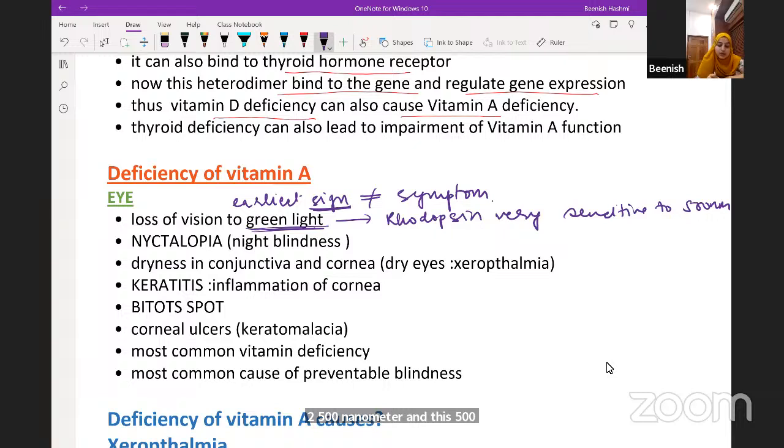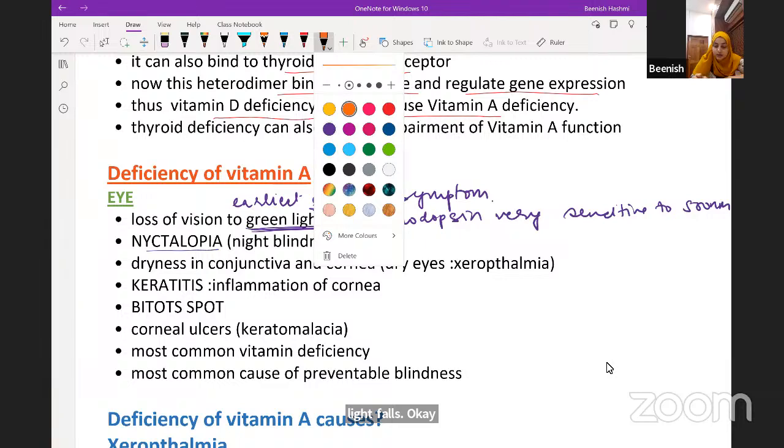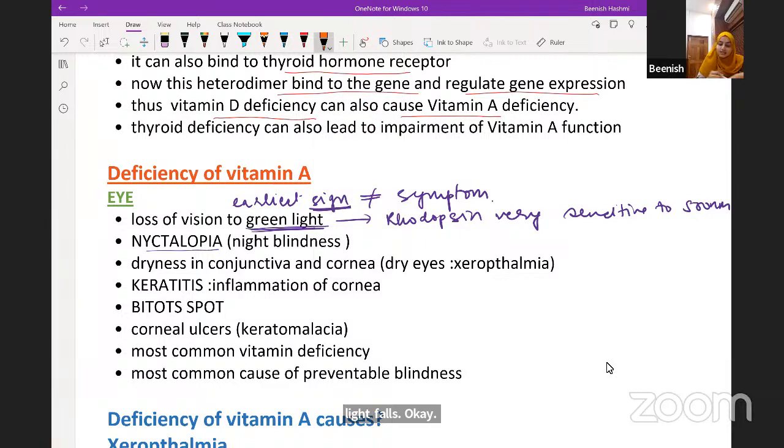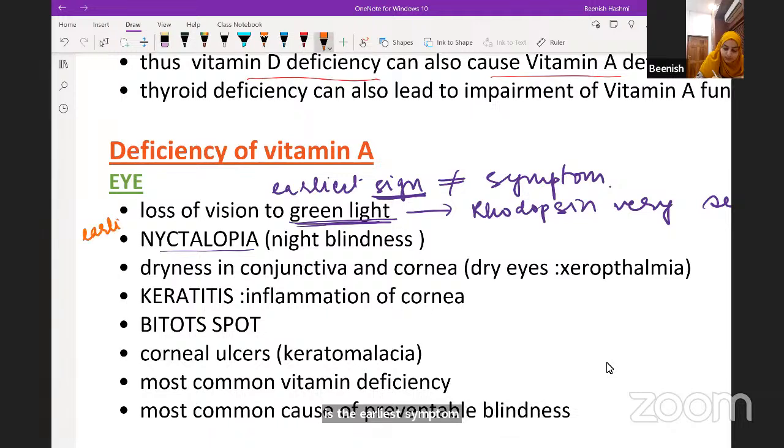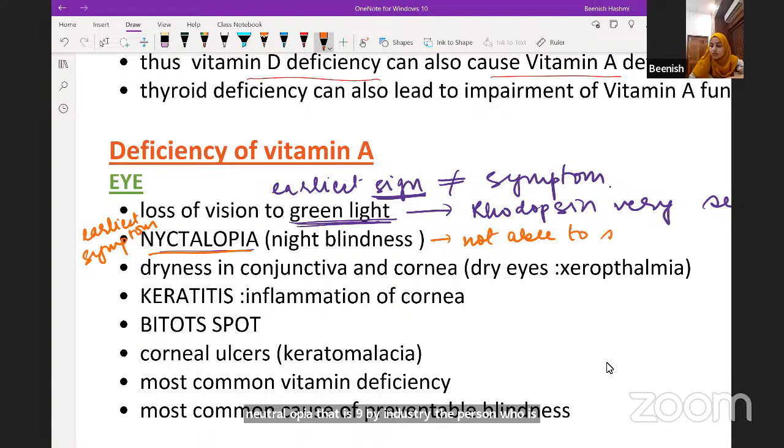Okay, now nyctalopia, that is your night blindness. This nyctalopia, night blindness, is the earliest symptom. So your earliest sign will be loss of vision to green light, and your earliest symptom will be nyctalopia, that is night blindness. The person is not able to see in dim light.